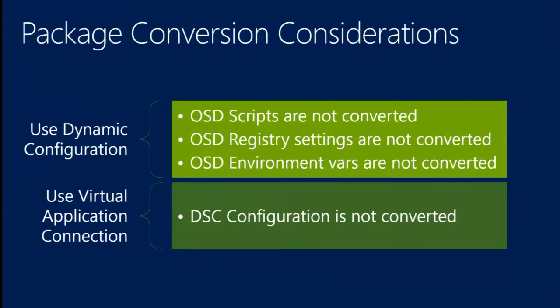But I'll just talk about these for a second. So for example, if you have scripts in the OSDs, those will not get converted. You need to pull them out and then put them in either the dynamic deployment configuration file or the dynamic user configuration file. If you've got registry settings in the OSDs, again, those will not get converted. You need to do those manually.